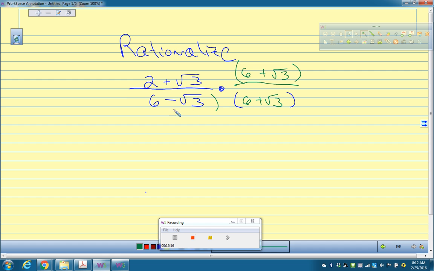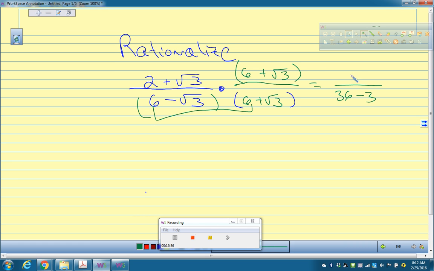On the bottom, I can do this in my head because I know that the middle terms are going to disappear when I multiply by the conjugate. So on the bottom, I get 6 times 6, which is what? 36 minus root of 3 times root of 3, which is 3.